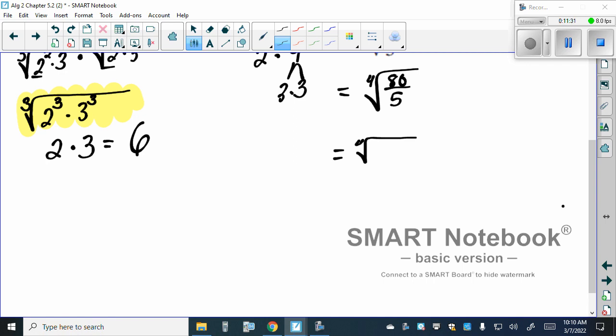But here, since 80 does divide by 5 evenly, 80 divided by 5 is 16. That seemed weird, but 16, yes? Okay, because doing that division did make it easier to work with. We'll see some later where that's not the case, and we'll do that a little differently. Well, now we just need to take the fourth root of 16, and we're done.